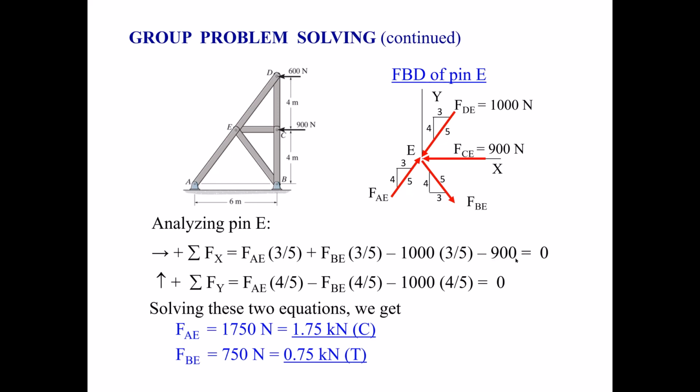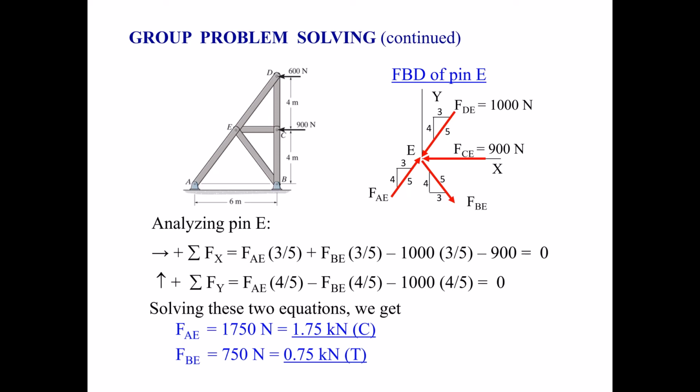And this is also negative because it's going in the negative x direction. Now, the next part is the y components. FAE's y component is going up. The FBE y component is going down, so that's negative. This one is positive. This one is negative. And the y component of this one, which is also going down, is negative.